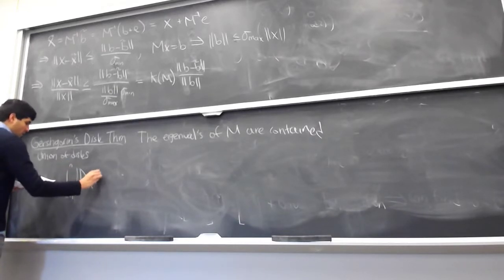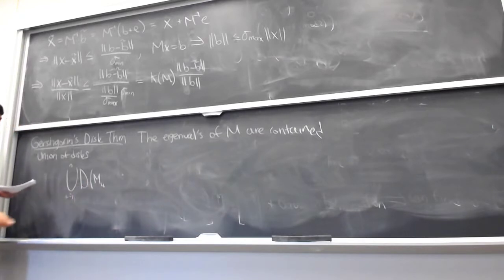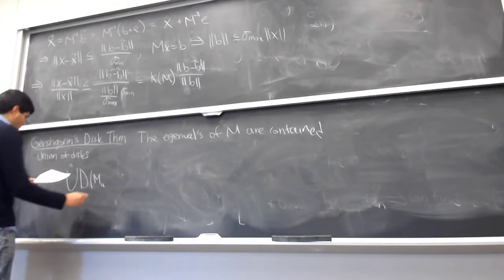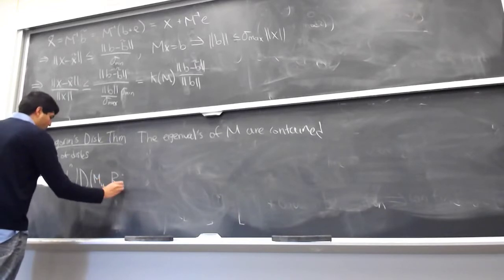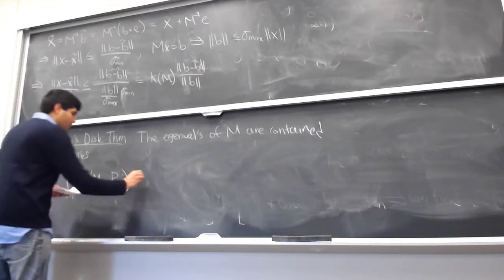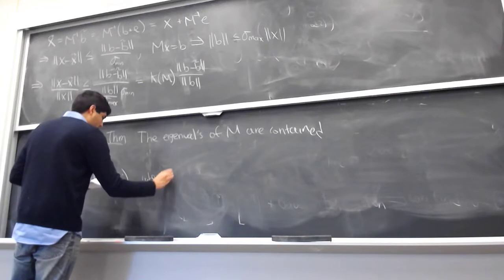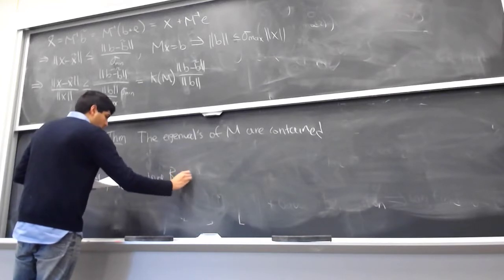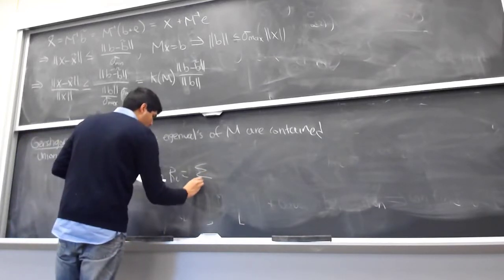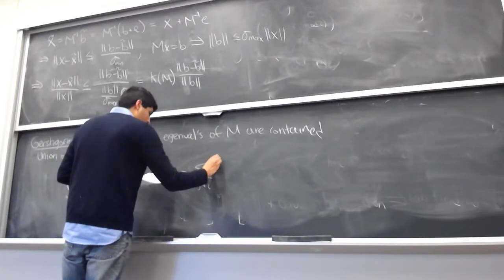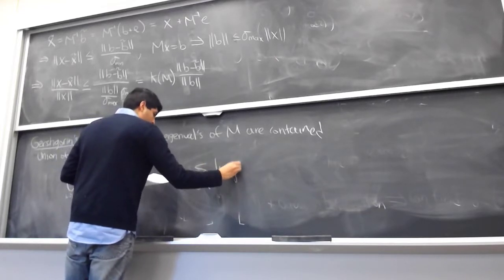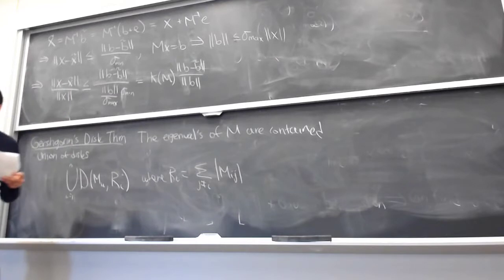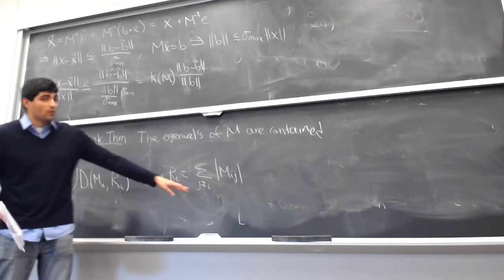What we're going to do is take a disk which is centered at one of the diagonal entries, M_ii, and we're going to look at some disk of some radius R_i, where R_i is the sum of the absolute values in that row, excluding the diagonal entry.